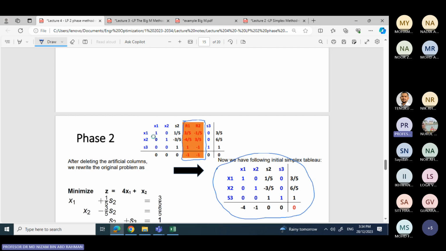So you have x1 as 1, 0, 1 over 5, 0, 1, 0, 1 over 5, 0; then x2 as 0, 1, minus 3 over 5, 0; and S3 as 0, 0, 1, 1.